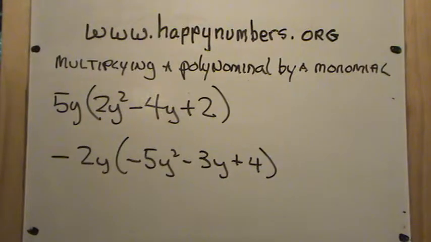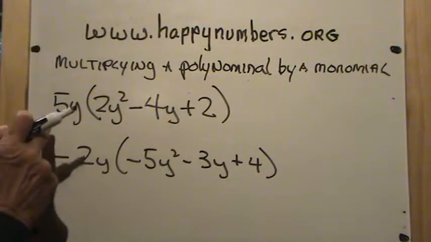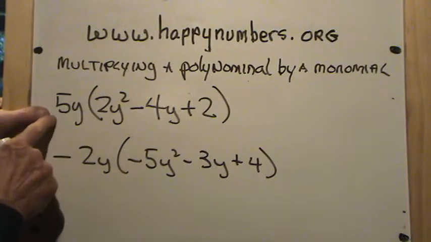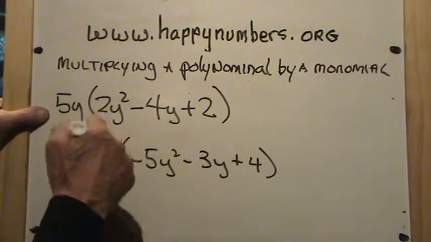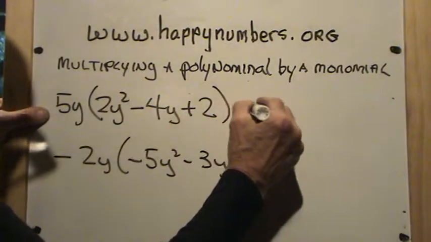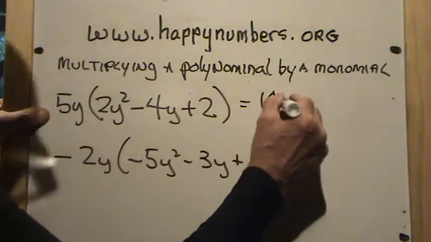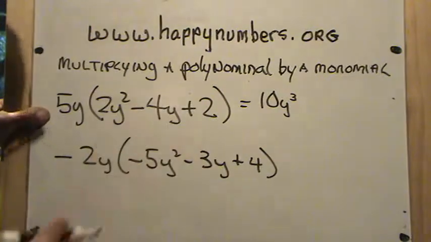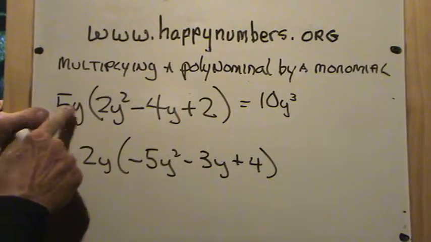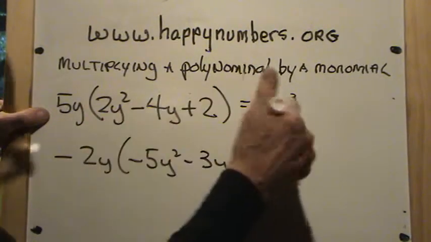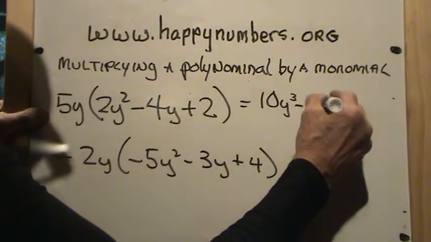Okay, in the first one, we multiply the coefficients. Positive 5, positive 2 gives me positive 10. Y to the first, y to the second gives me y to the third. Positive 5 times negative 4 gives me negative 20.